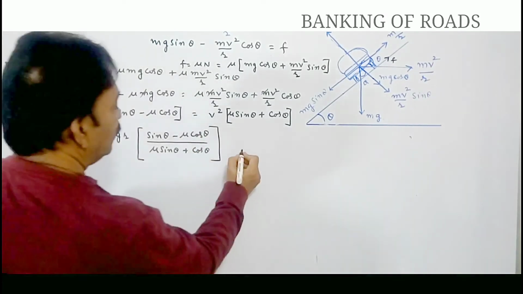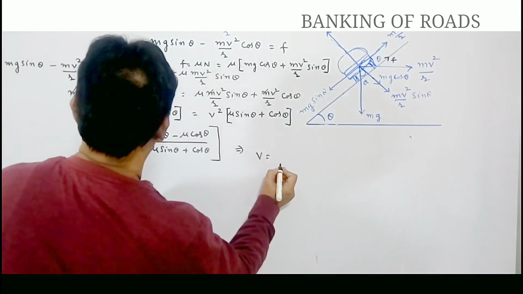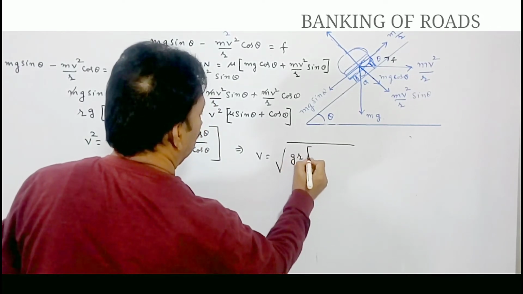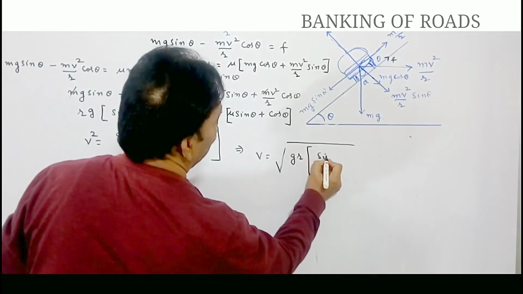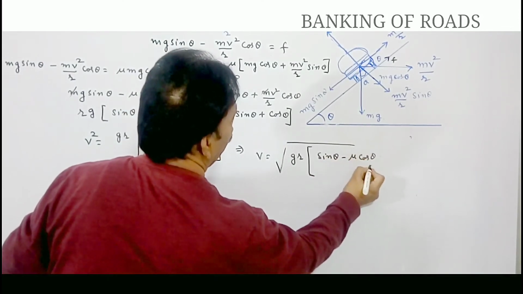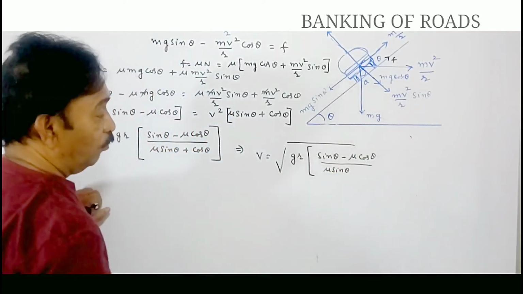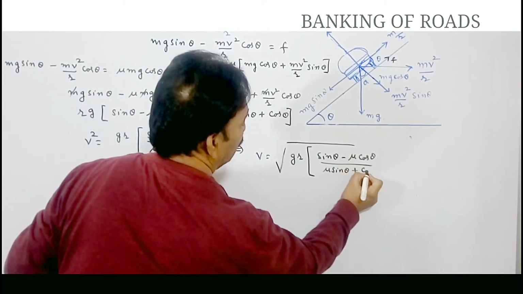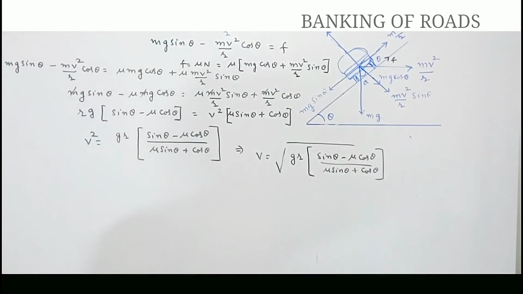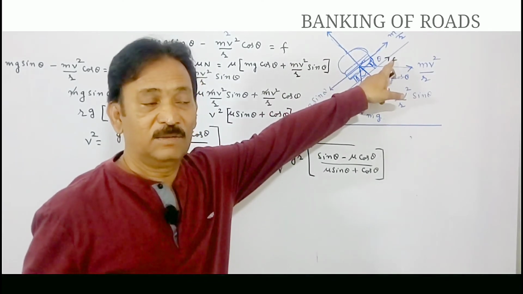It yields the minimum velocity of the vehicle. V is equal to under root of gr of sin theta minus mu cos theta by mu sin theta plus cos theta. It is the velocity. In this one, the frictional force will act in this direction.